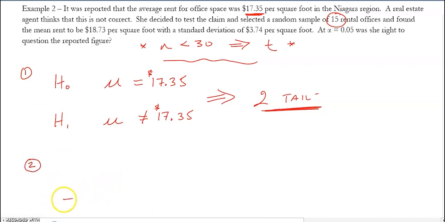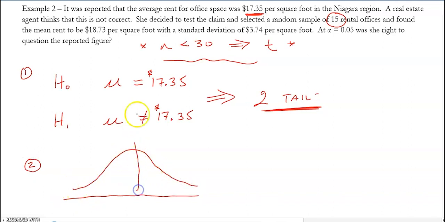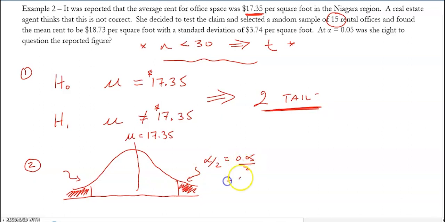Okay, so that's our first step, putting together the hypotheses, and then secondly, we are now going to put together our normal curve with our mean in the center, and we're going to draw our two tails. And once again, in terms of the area, not that you really have to worry about this, but this would be alpha over 2, which is 0.05 divided by 2.